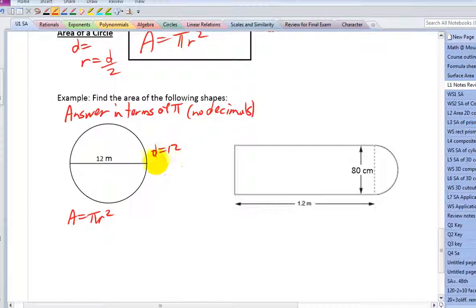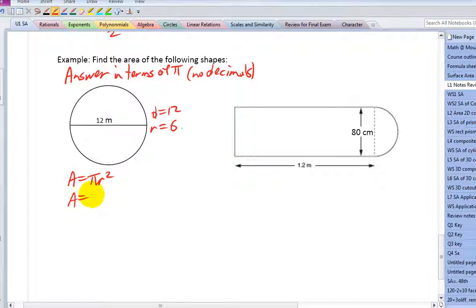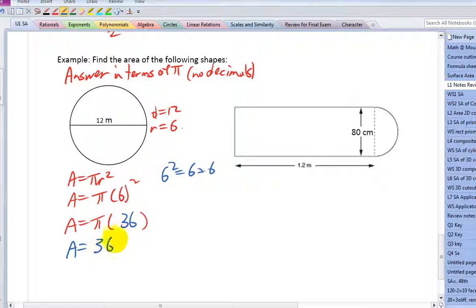Diameter equals 12, radius equals 6. So it's pi times 6 squared. What's 6 times 6? Good. So 6 squared equals 6 times 6, which is 36. Now we don't write pi times 36, we go 36 times pi.